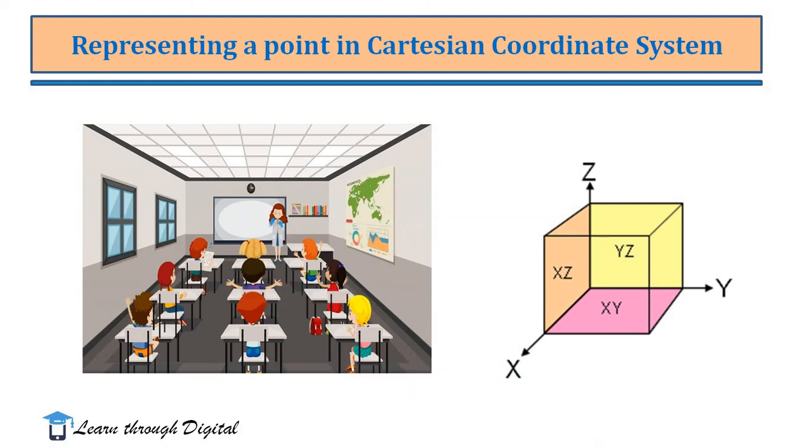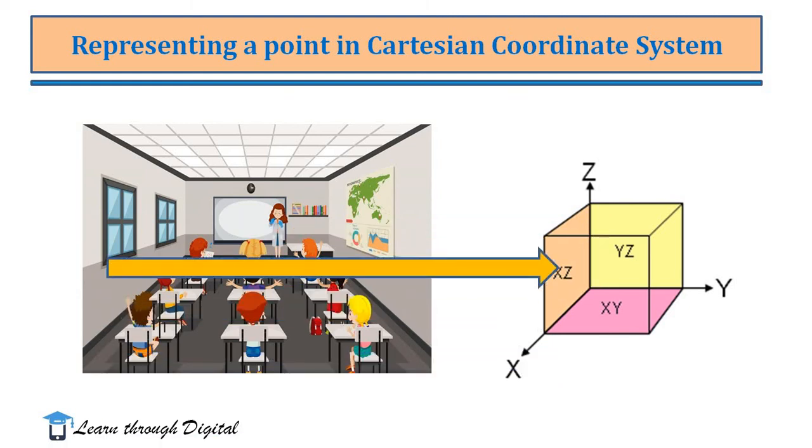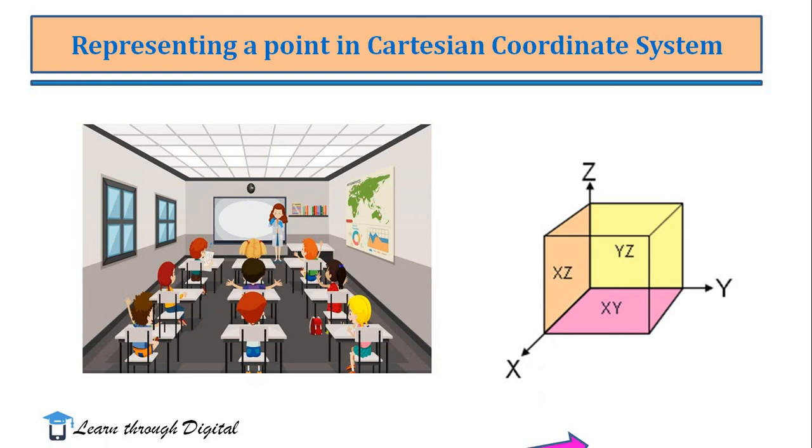And next, the window side is the xz plane. And the xy plane is the plane where you are lying. Okay. We are sitting on the xy plane. So from this we can easily understand the three planar surfaces in the rectangular coordinate system.